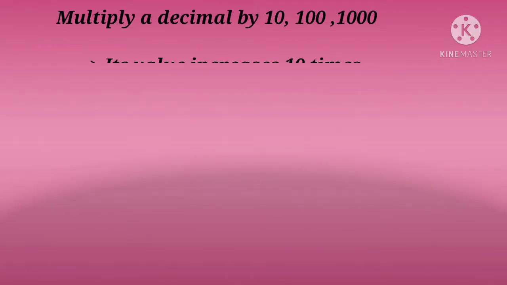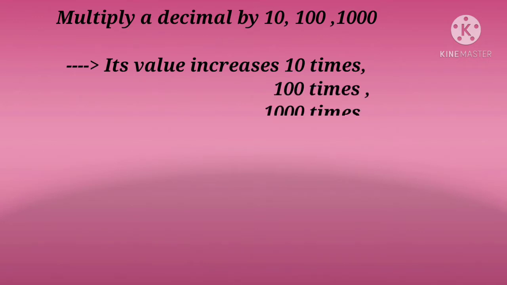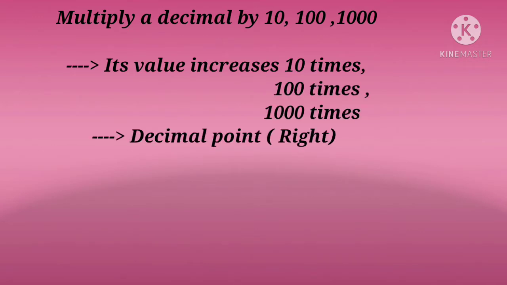Similarly, when we multiply a decimal by 10, 100 or 1000, its value also increases 10 times, 100 times and 1000 times respectively. The decimal point moves towards the right while multiplying with 10, 100 and 1000.